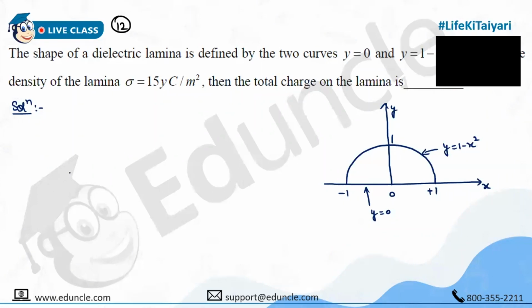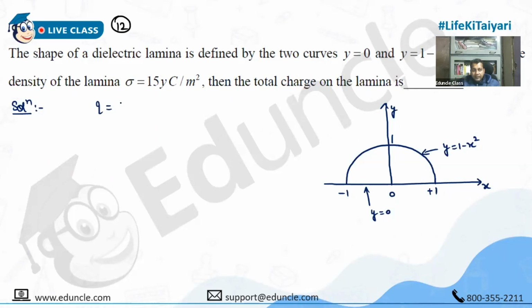So this is the shape of the lamina, and we know that total charge is given by sigma dS, and dS is dx dy. Sigma is 15y, so it will be dx y dy. x and y are not independent, so y is linked to x. If we integrate with respect to y first, then the limits will be from 0 to 1 minus x square, and x independently goes from minus 1 to plus 1.